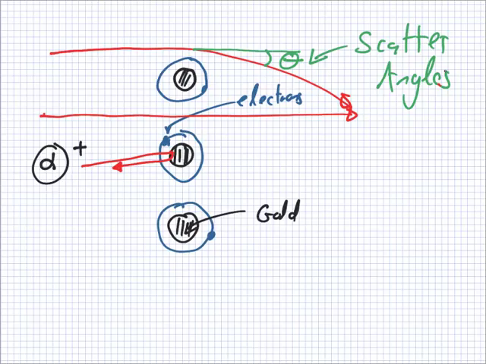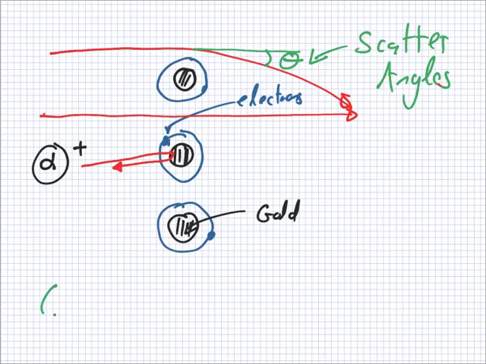Before this experiment, people weren't sure. Maybe the electron and the proton were mixed together inside the atom. But this experiment confirmed that the electron is outside the proton, and the electron is smaller than the proton. So in other words, this experiment confirmed the hypothesis that the electron orbits the proton.